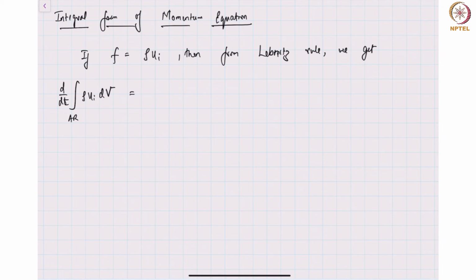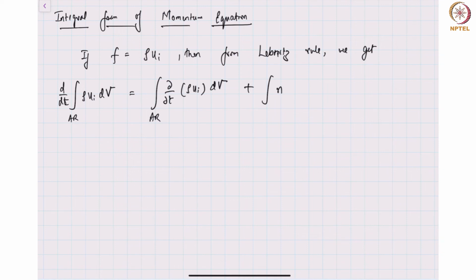that's my left hand side. The left hand side indicates the total change of momentum in the entire volume, which is the local changes in momentum integrated over the whole volume, AR representing an arbitrary region, plus the changes to the momentum across the boundary.